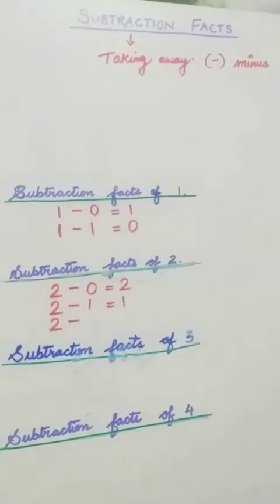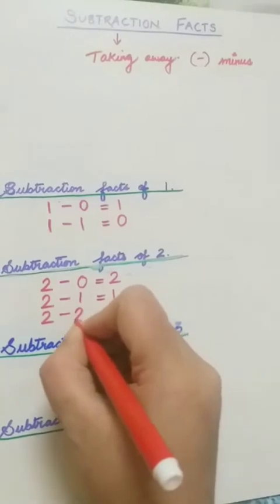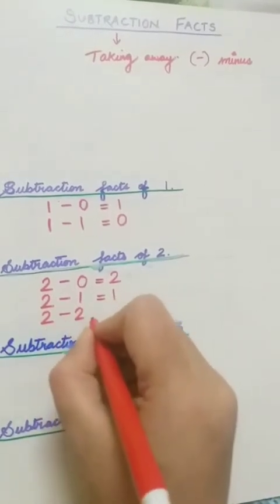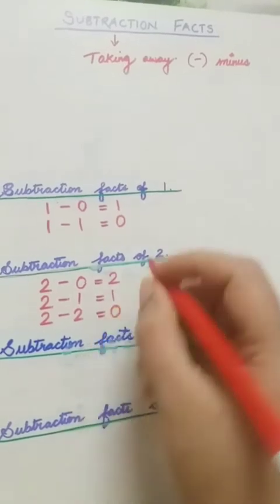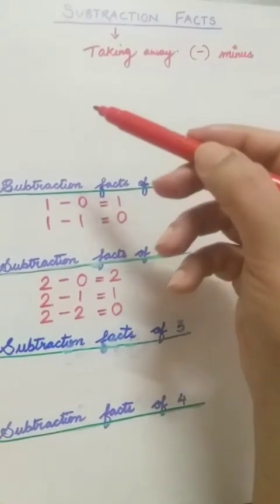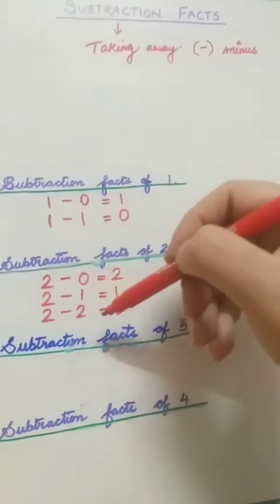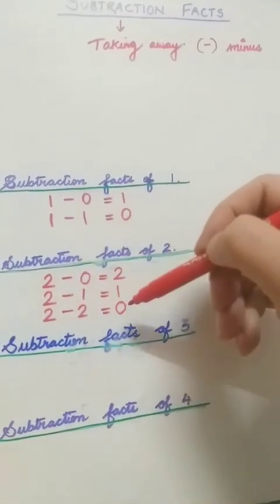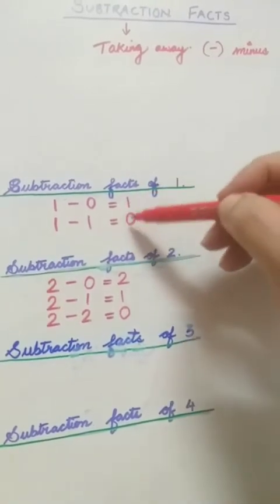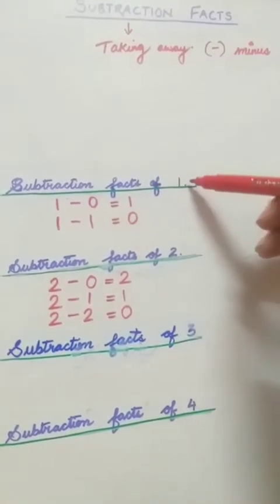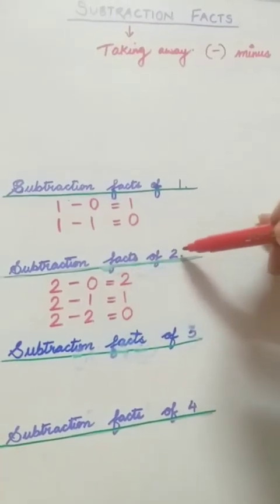So 2 minus 2 is equal to 0, because we have nothing left over here. So 2 minus 2 is equal to 0. So there are 2 subtraction facts of 1. There are 3 subtraction facts of 2.